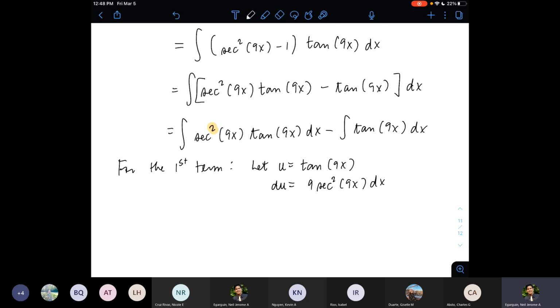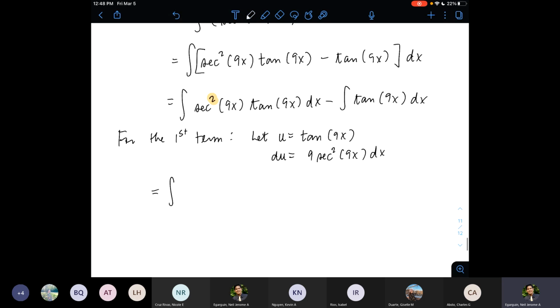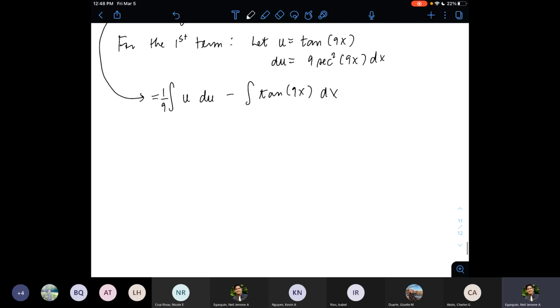So what we'll have would be this integral of what? I'll have a 1/9 outside, and then we'll have u du minus integral of tangent 9x dx, right? So I am continuing this equation over here, okay?